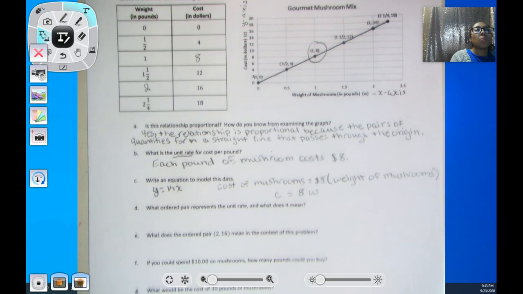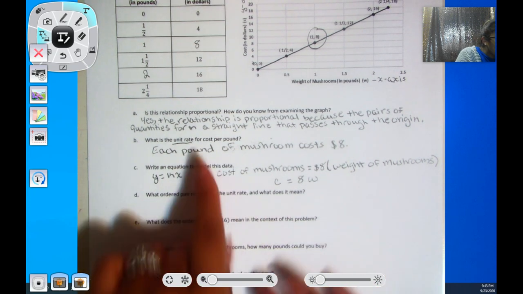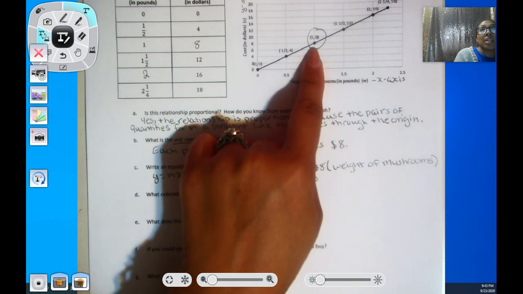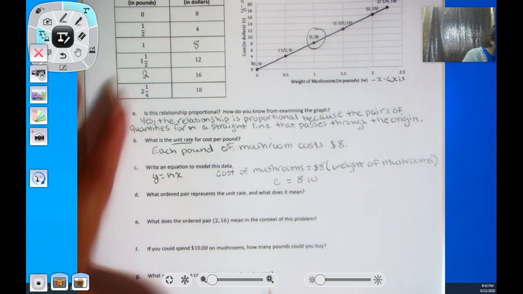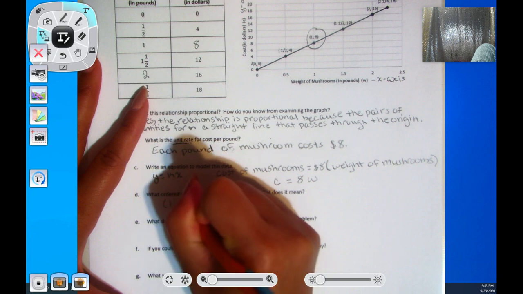Letter D says, what ordered pair represents the unit rate and what does it mean? Well, we already found that unit rate. That unit rate from the problem was the quantities 1 and 8. And so what does that ordered pair represent? 1, 8.